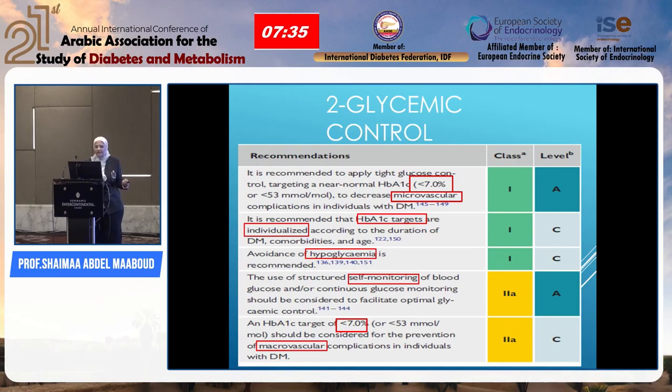HbA1c should be less than 7%, and the target should be individualized for patients with comorbidities, avoiding hypoglycemic attacks. Also, self-monitoring is very important, by scanning with the mobile or by sensors nowadays. HbA1c less than 7 is very important for macrovascular complications as well.